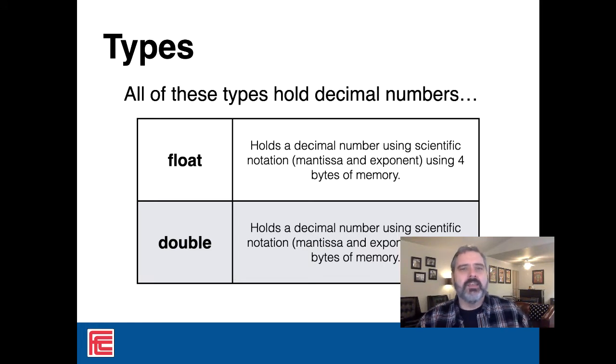So these are the two types that you're going to use to hold decimal numbers, right? Anything with a decimal point and some numbers after the decimal point. The reason that these are separate in a computer is that for your processor to do any math, it has to have two values in registers.